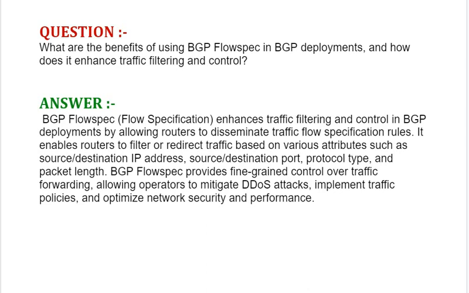It enables routers to filter or redirect traffic based on various attributes such as source or destination IP address, source or destination port, protocol type, and packet length. BGP FlowSpec provides fine-grained control over traffic forwarding, allowing operators to mitigate DDoS attacks, implement traffic policies, and optimize network security and performance.